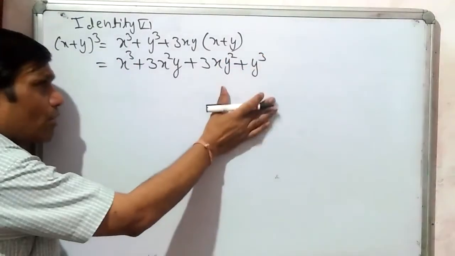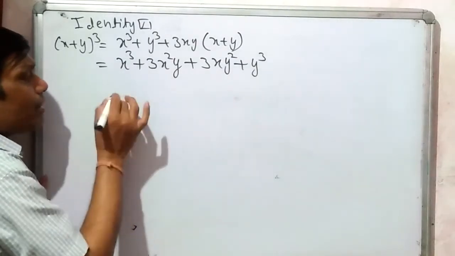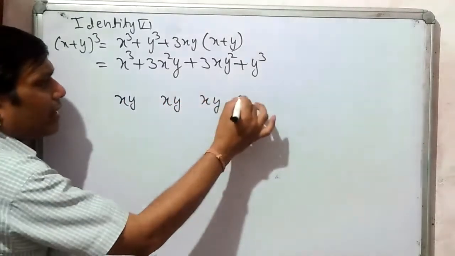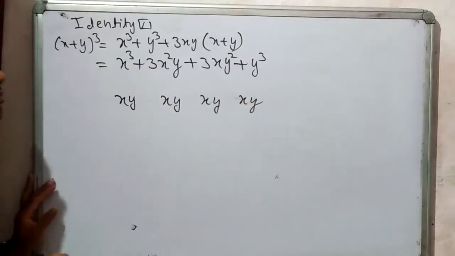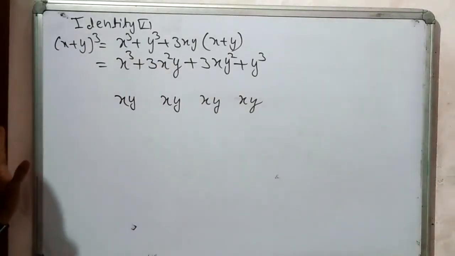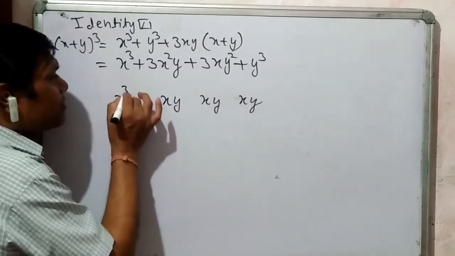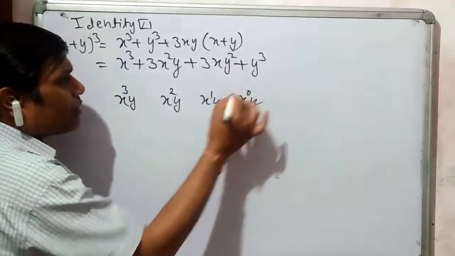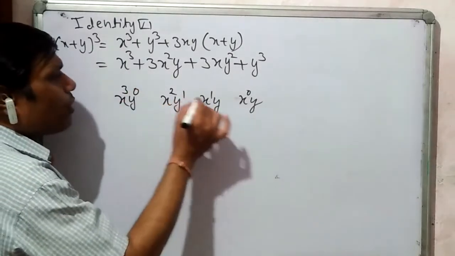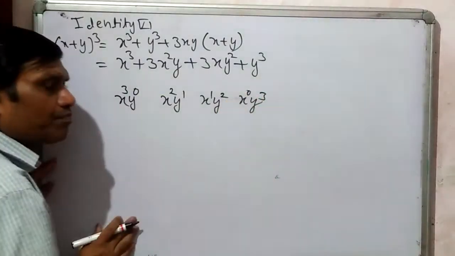I'll tell you a very small shortcut also for writing this. You write x, y, x, y, x, y, x, y. 4 times you write xy, power is 3, write 4 times. Here you write decreasing powers of x, 3, 2, 1, 0. Write increasing powers of y, 0, 1, 2 and 3.